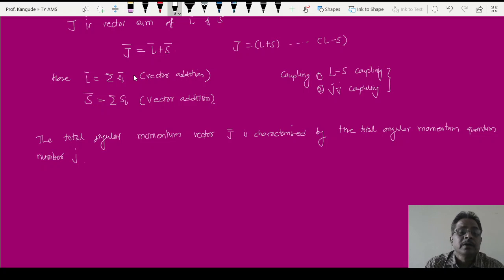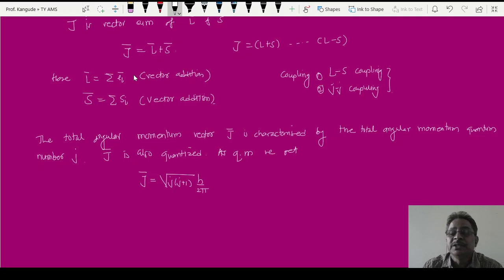Okay, this J bar is also quantized, and as per quantum mechanics, this J bar satisfies this relation: J bar is given by root of small j into j plus 1 into h upon twice pi.